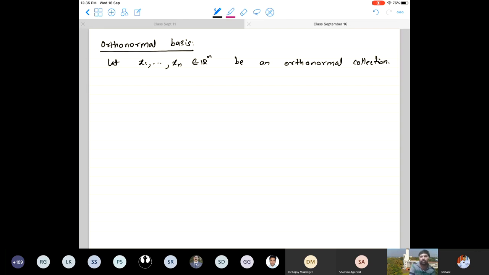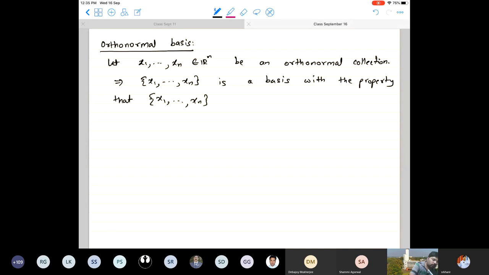Then, based on somebody's doubt just 5 minutes back, this will imply that x1 up to xn is a basis with the property that x1 up to xn is an orthonormal set.